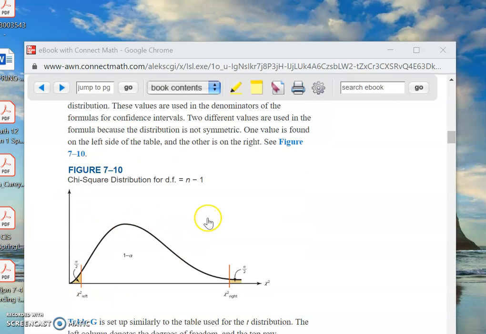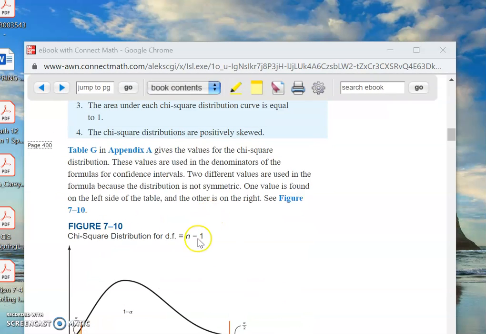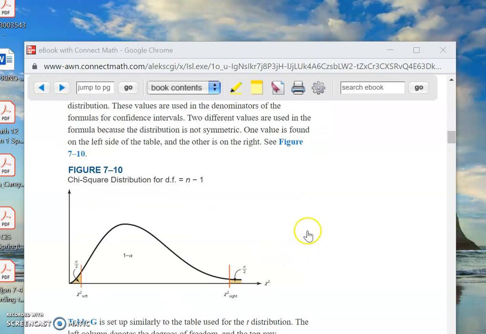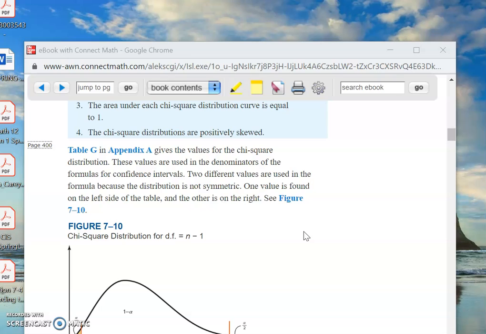All right. So to start with, this is what the author is saying: you've got to use these values for the chi-square distribution from the table. Now, previously, we had the t distribution and the z distribution. Both of them were symmetric.